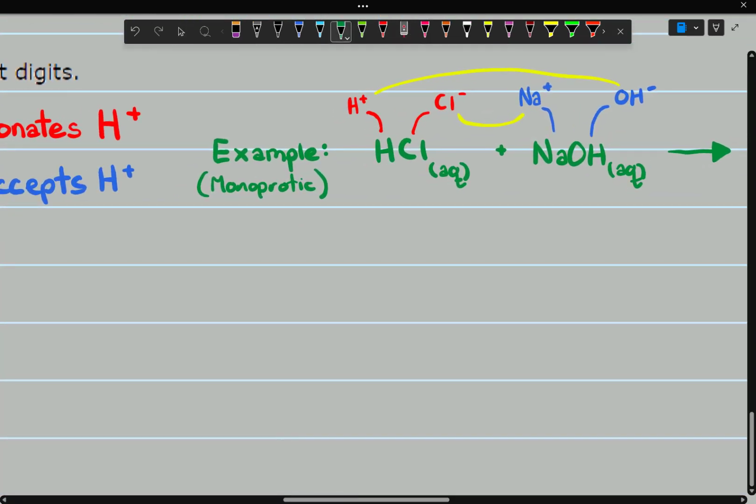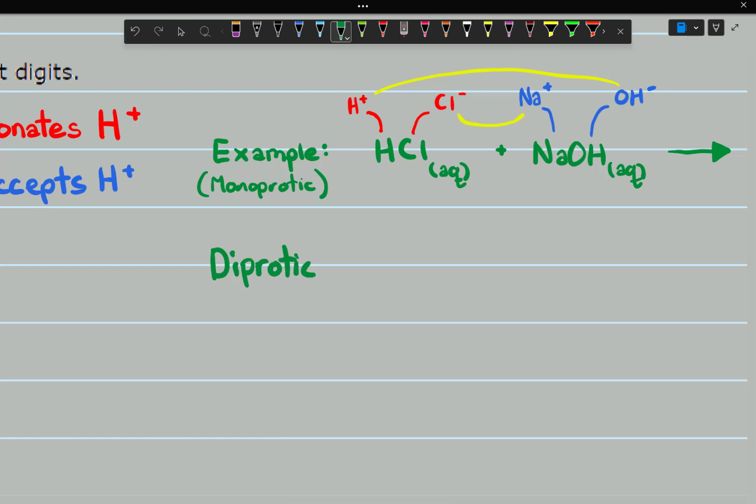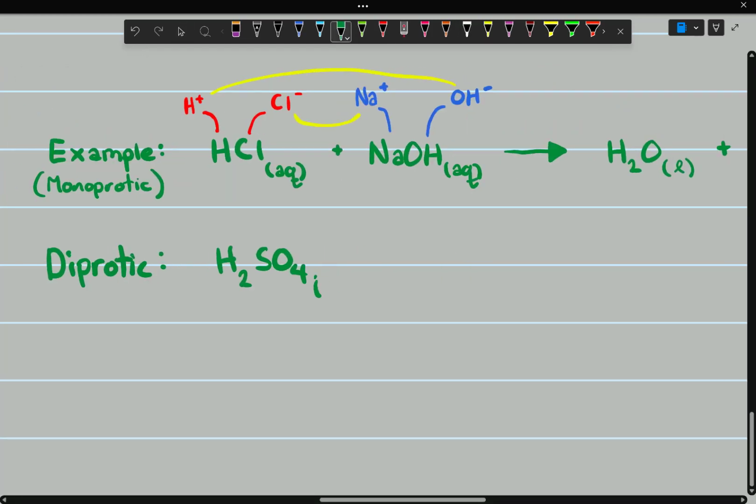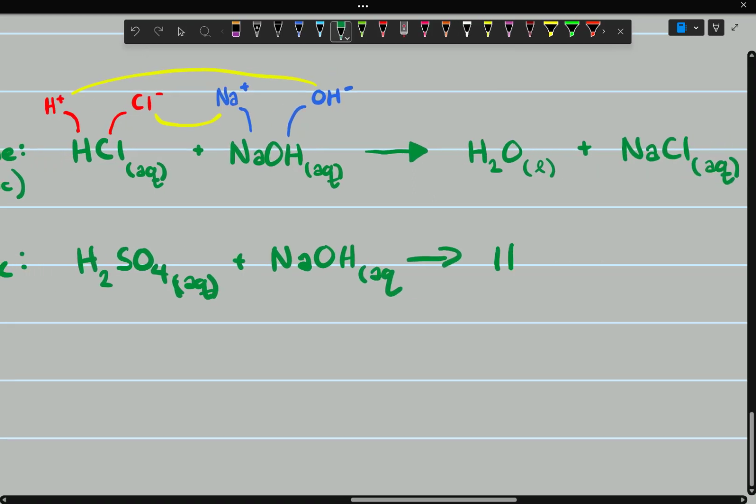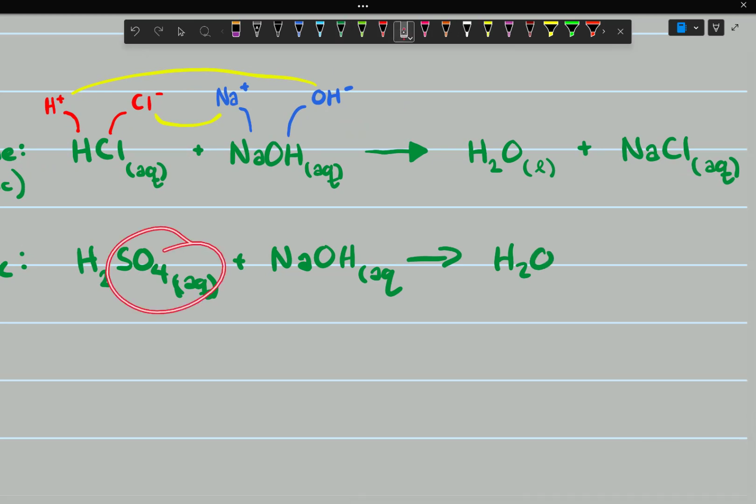Now, if we have a diprotic acid, as we do in this problem, let's take an example of a diprotic acid. An example of a diprotic acid would be H2SO4. And so we have this H2SO4 and it reacts with sodium hydroxide, our base, and it will form water and a salt consisting of the anion and the cation here.